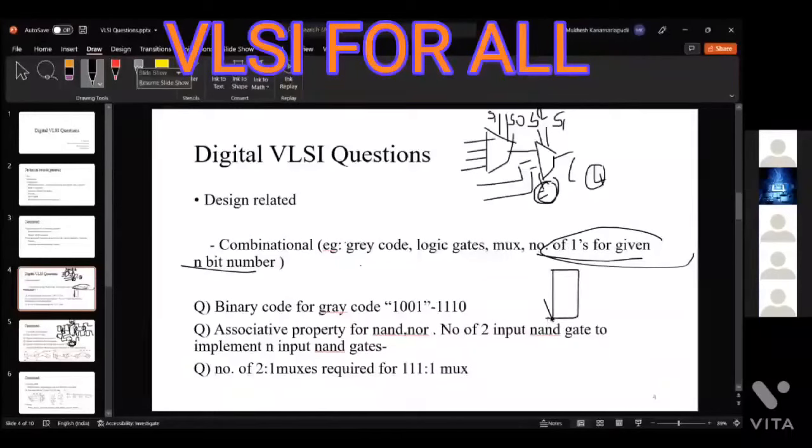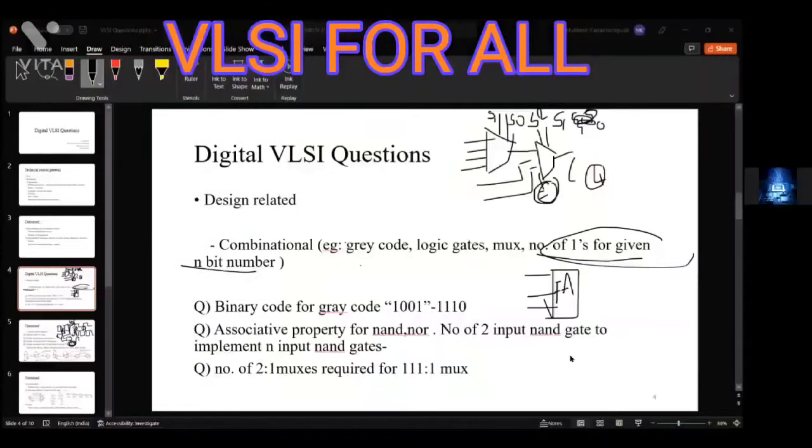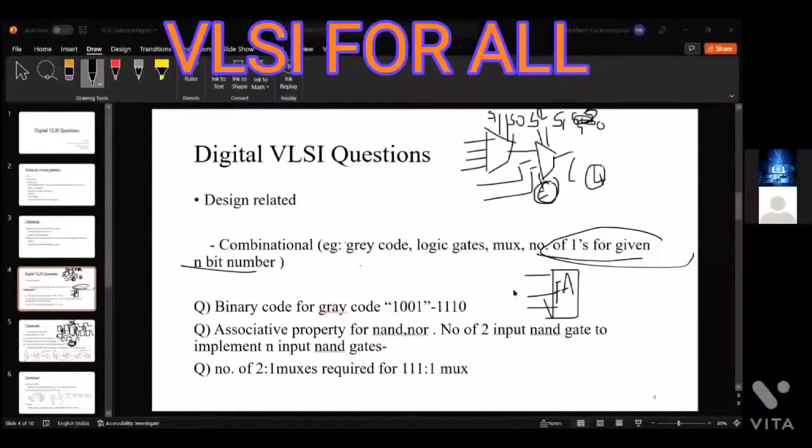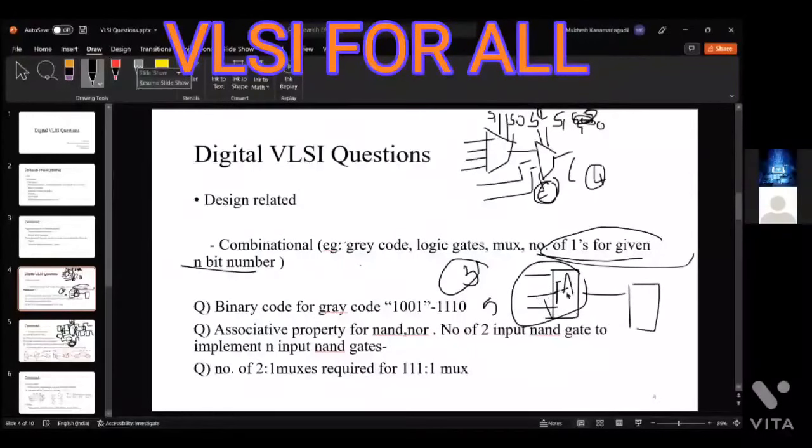You can do it using the full adder circuit. For a given 3-bit number, you can use a normal full adder. If the given number is 5-bit or something else, you can extend it accordingly. I hope you have got some logic from this.